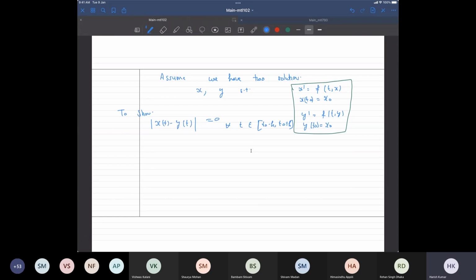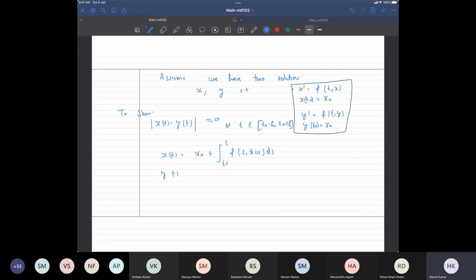Then let us note that because x and y are solutions of the ODE, they also satisfy the integral equation. What integral equation do they satisfy? x of t is equal to x naught plus the integral from t naught to t of f of s comma x of s ds.